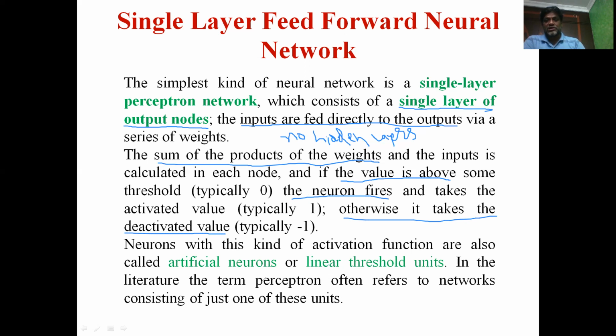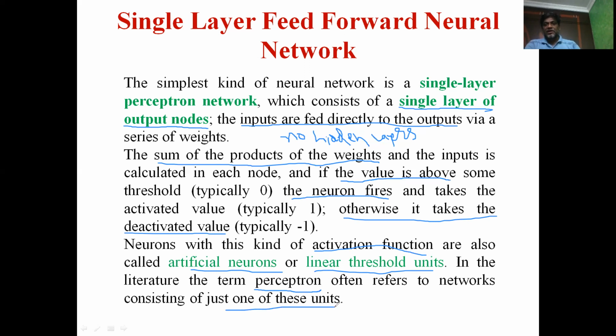This is done by the activation function. Generally, the activation units selected for this purpose are called artificial neurons or linear threshold units. But remember that a perceptron means a network consisting of just one of these units.